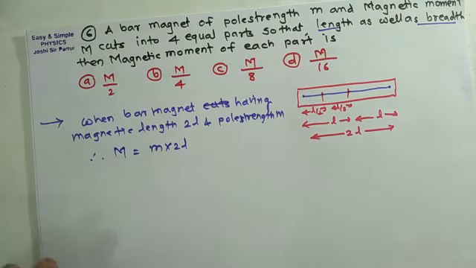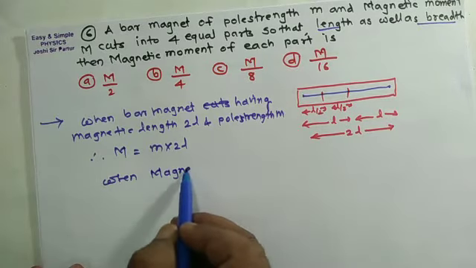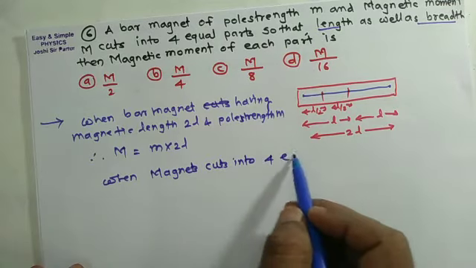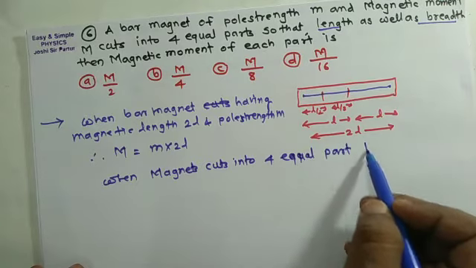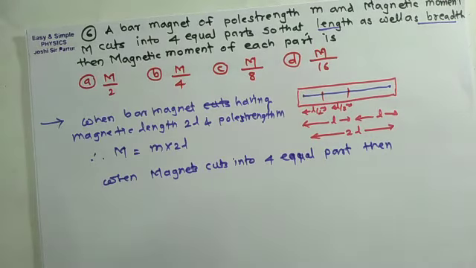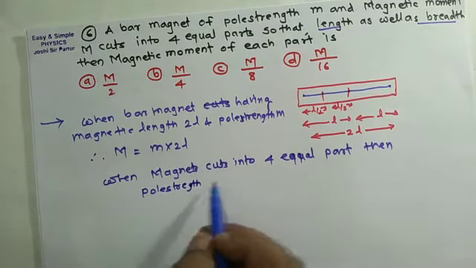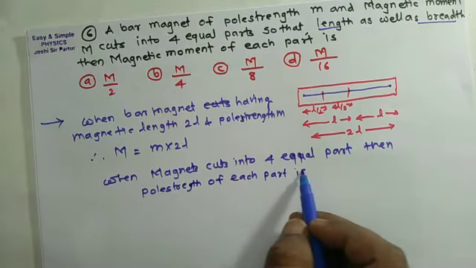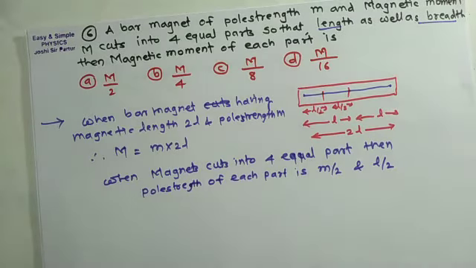But when the magnet is cut into 4 equal parts, the pole strength of each part is small m upon 2 and length will be L upon 2.